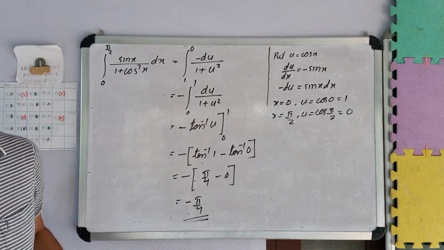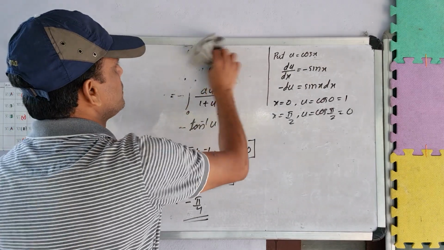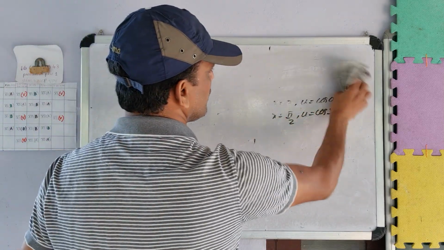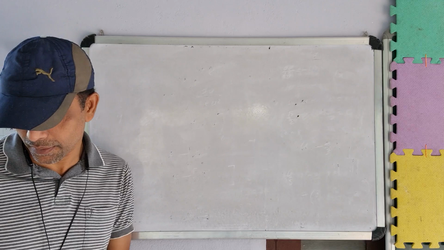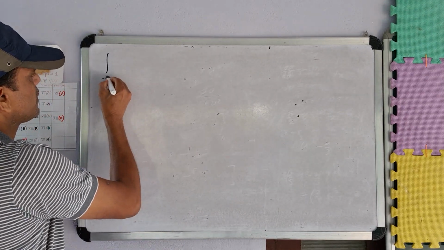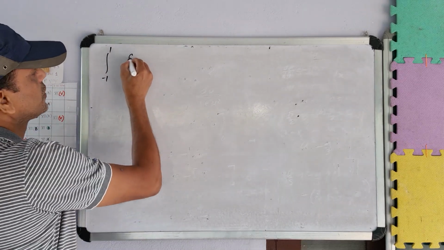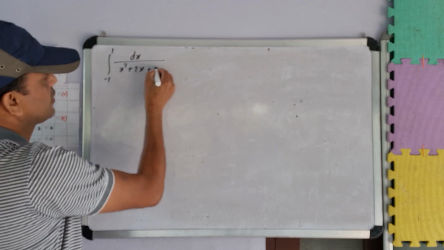Now we move to the next problem. The next one in this group is the integral from negative 1 to 1 of dx over x squared plus 2x plus 5.